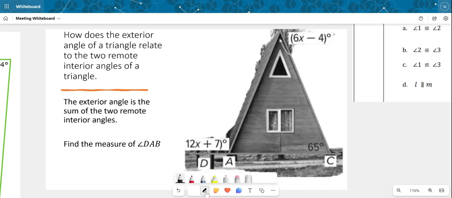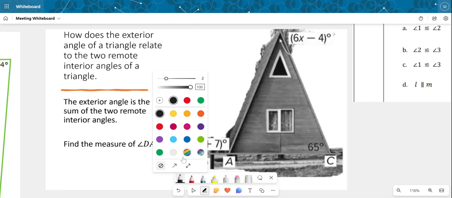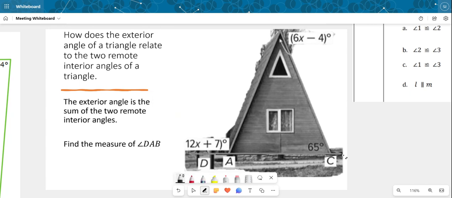Now it's hard to see our lines, so let's emphasize our lines just a little bit. We got one line here. I'm going to make it stand out just a little bit better.